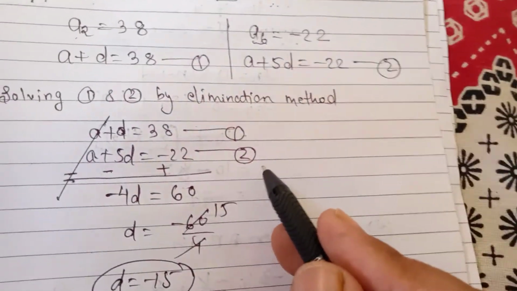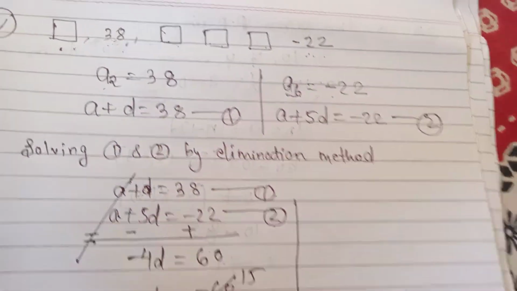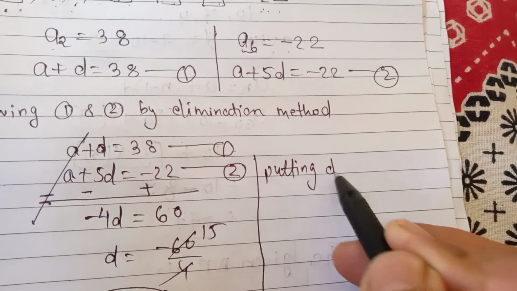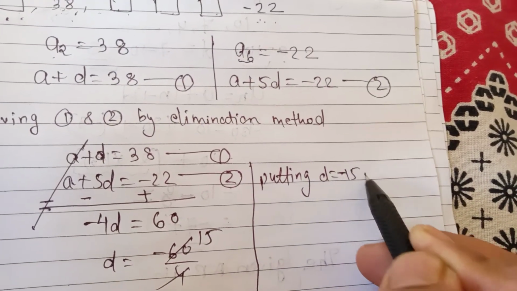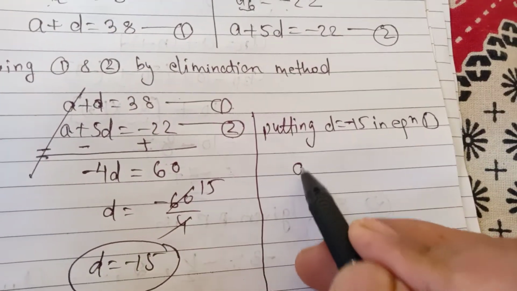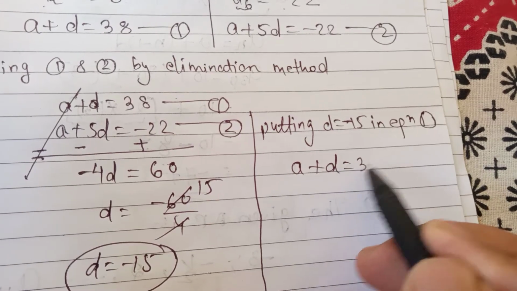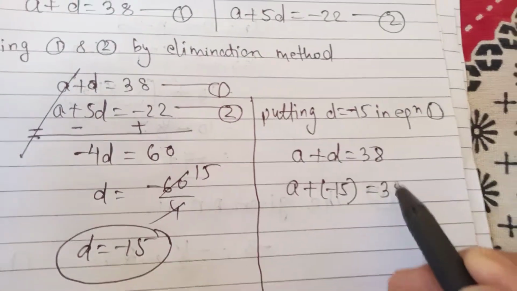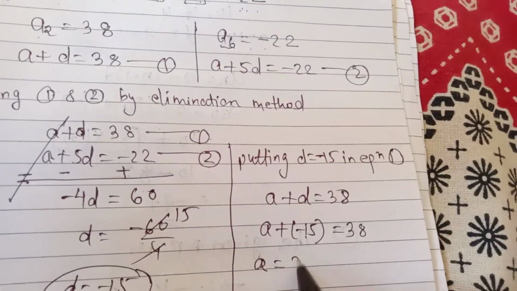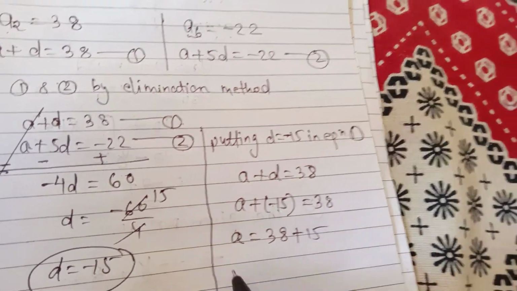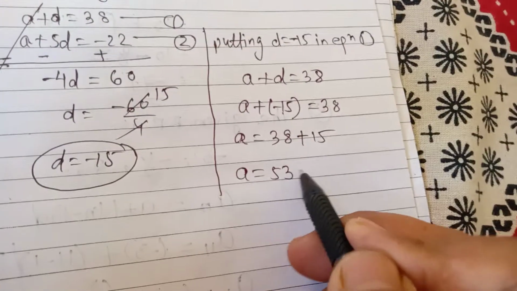Now we need to find the value of a. So putting d equal to minus 15 in equation 1, the equation is a plus d is equal to 38. a plus minus 15 is 38. So a is equal to 38 plus 15. So a is equal to 53.